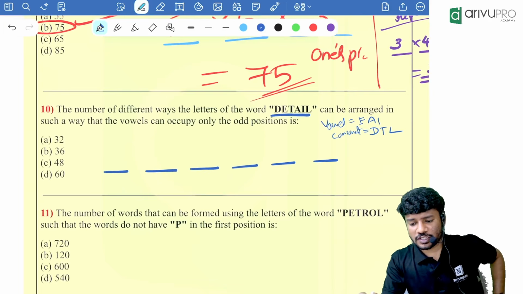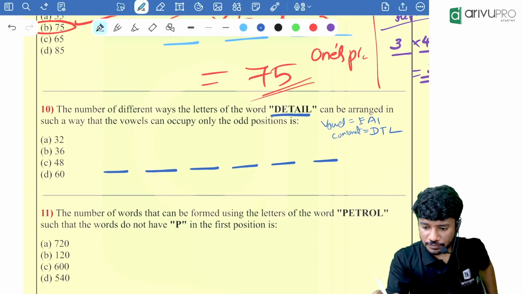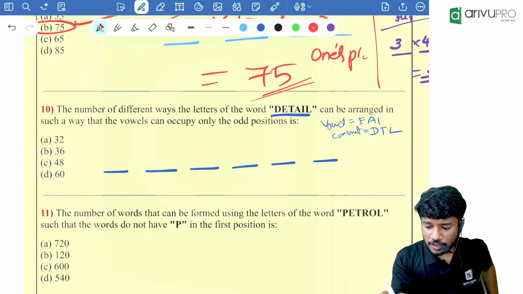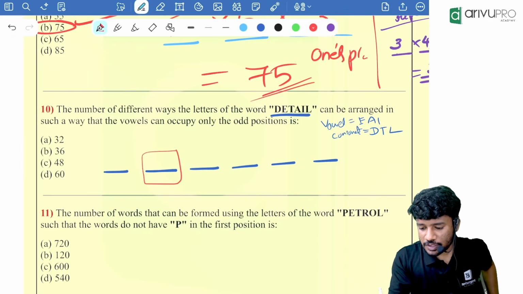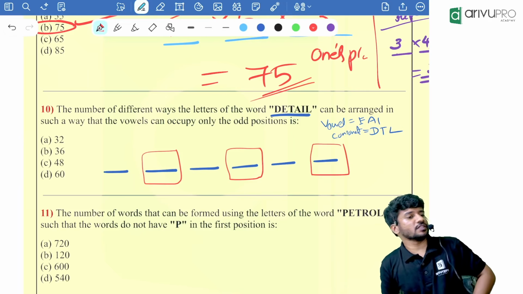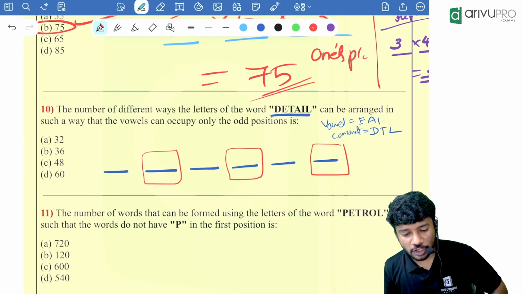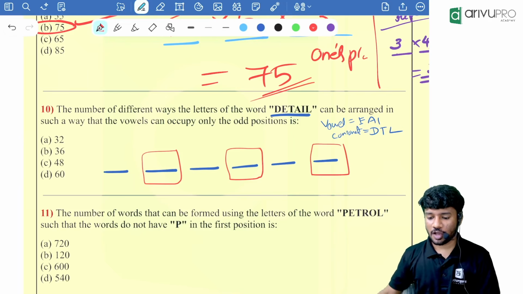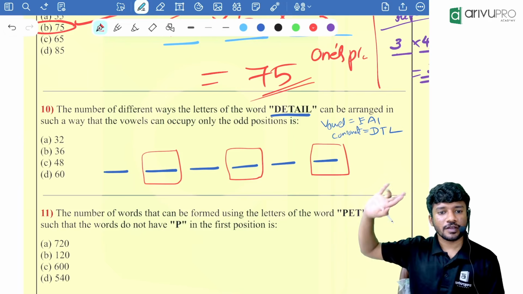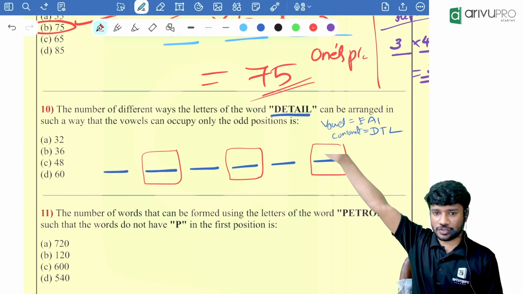Now you tell me which are the even places. Second place is an even place. Then fourth place is an even place. Then sixth place is an even place. These are the even places. Then what is the condition according to the question? Vowels occupy odd places.